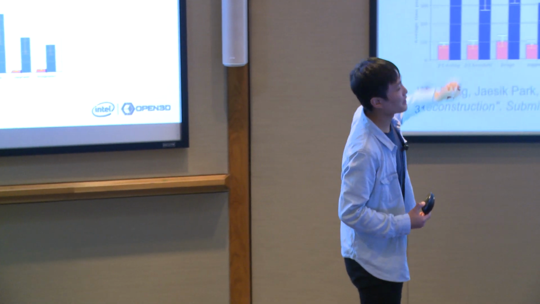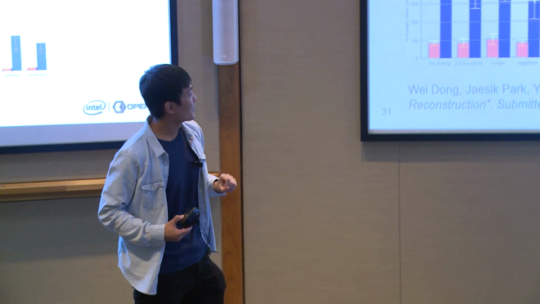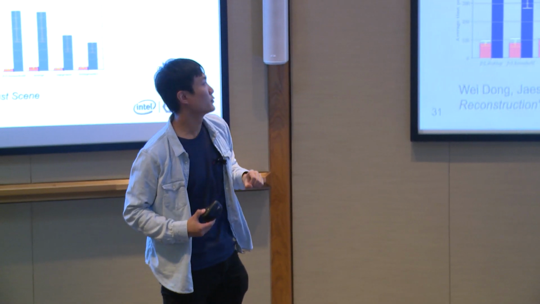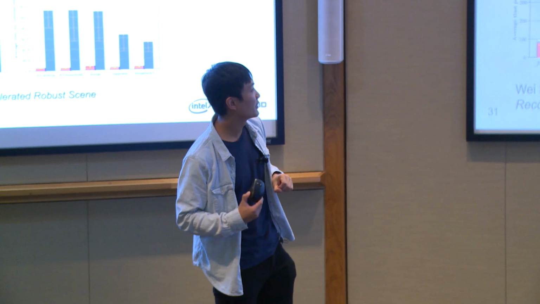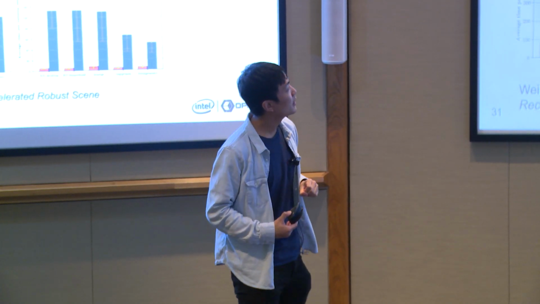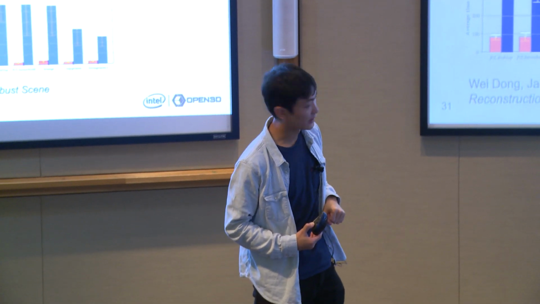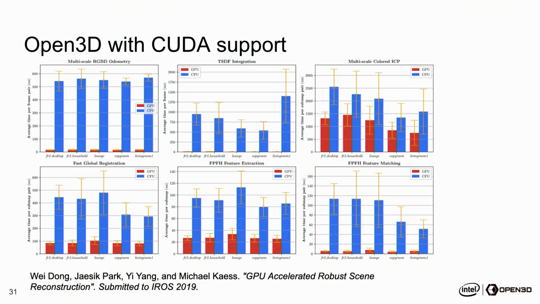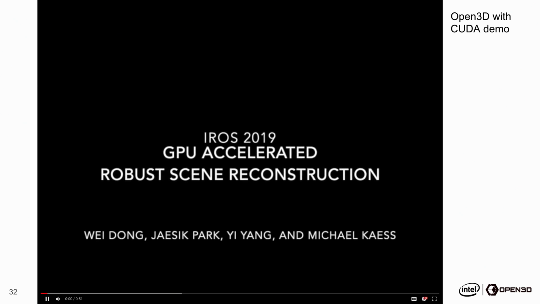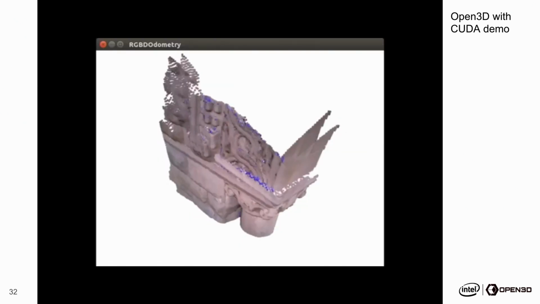For the TSDF integration, we worked on a GPU-based voxel hashing algorithm. So it's also significantly improved in terms of speed. And in a real-world test for a large scene, the overall pipeline can speed up about 10 times. Yeah. So let's go see some videos of the GPU accelerated version.